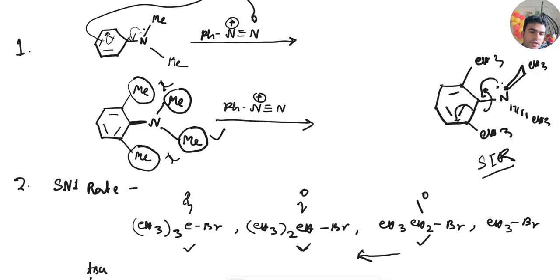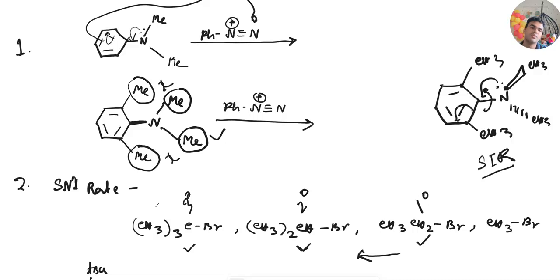As you know, if you see my previous videos on the SN1 reaction, I had already explained the mechanism, solvent effect, steric effect and all these things. On increasing the methyl groups, the carbocation stability will increase, so the rate of SN1 reaction will increase.